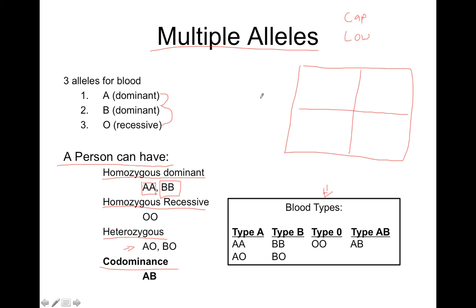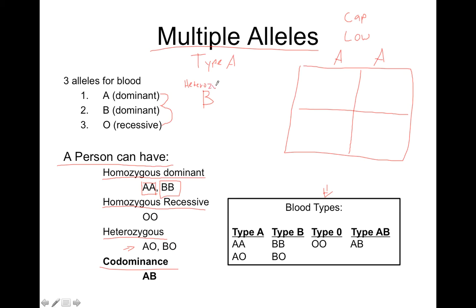And if we go ahead and cross, I'm going to cross a homozygous dominant type A male, and that means that they're going to be type A. That is a homozygous dominant. And I'm going to cross it with a heterozygous type B female. Now this is heterozygous, so there's no lowercase letter.